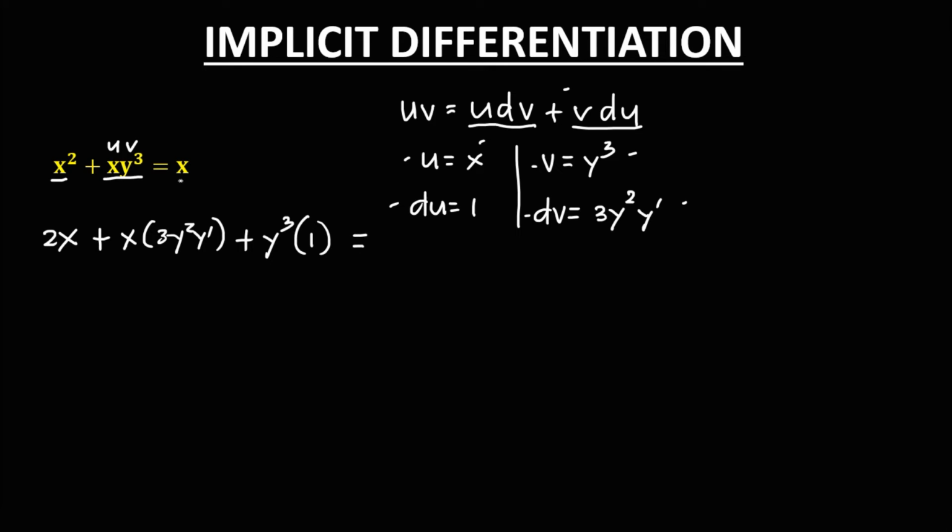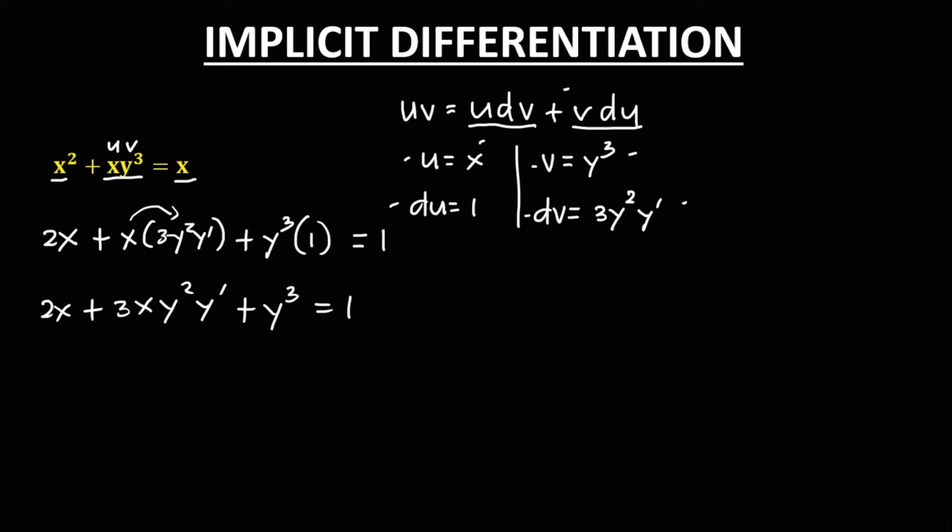Then equals the derivative of x, that's 1. Then simplify, so we have 2x plus, multiply, this one is 3x y squared y prime, plus y to the power 3, then equals 1.